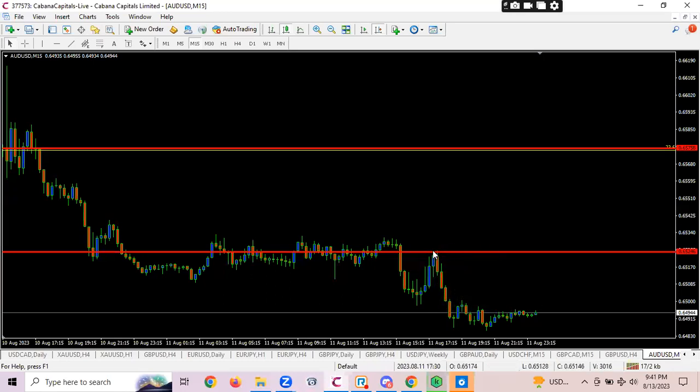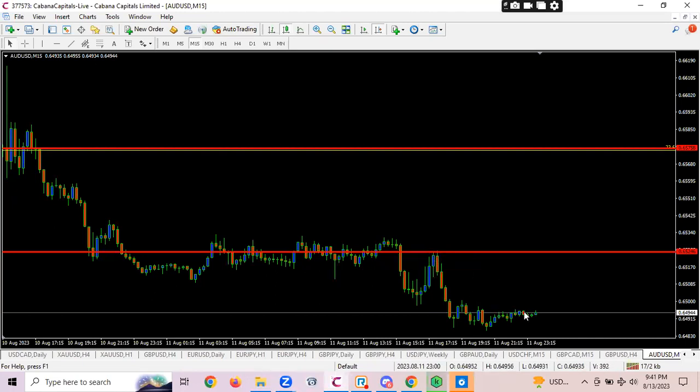If a candlestick closes above this high, it indicates a change of character from bearish to bullish. So there's a confluence at this level: break of structure and also break of resistance. You have double confirmation at this level.